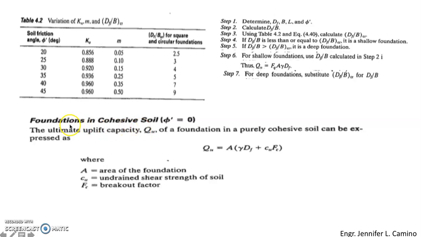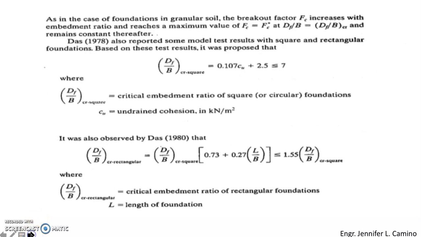If we have foundations in cohesive soil where phi prime is equal to 0, you are given this expression to compute the ultimate uplift capacity Q sub u, that is, the foundation is in a purely cohesive soil. Of course, you have the area of the foundation, the undrained shear strength of the soil, and your breakout factor, F sub c. Das, in 1978, also reported some model test results with square and rectangular foundations.